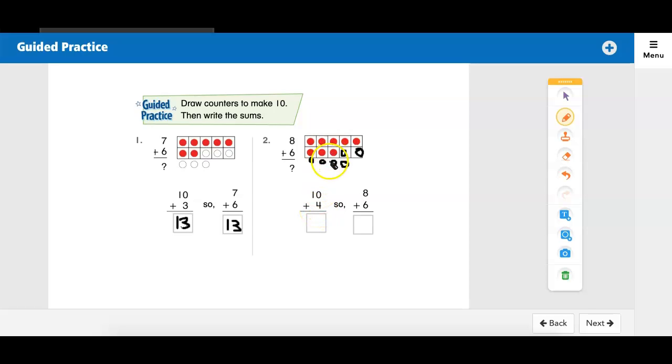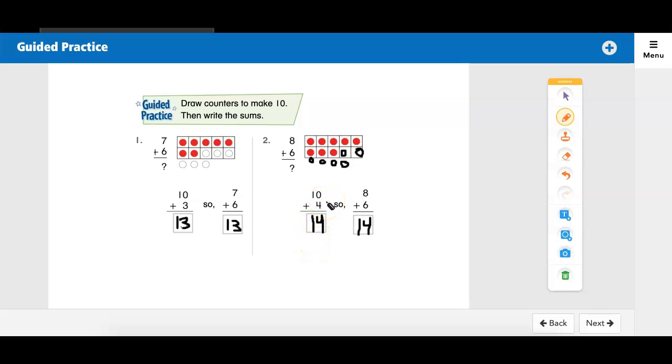What is 10 plus 4? 10 plus 4 is 14. So that means that 8 plus 6, just like how we had 8 red counters and then we drew in 6, so we made 10, added the rest, that is going to be the same sum.